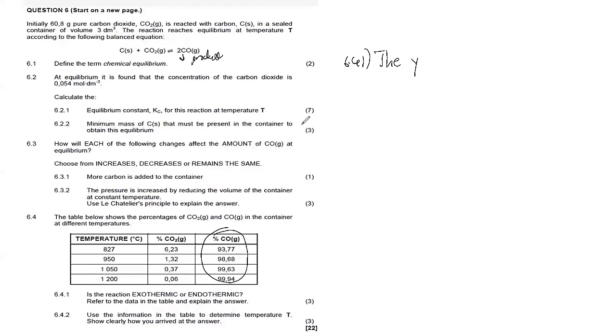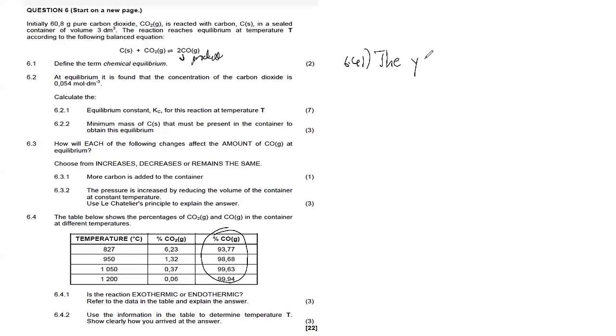And then we can comment on whether the reaction is exothermic or endothermic based on what is happening to the product. If the products are increasing, that would mean the forward reaction is favored, right? And then if we look at our temperature, it is increasing. Now, if our temperature is increasing and also the amount of the product is increasing, that tells you that this reaction that was favored is being favored by an increase in the temperature.